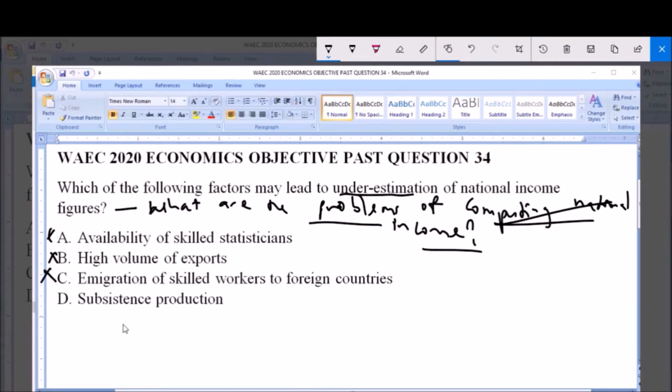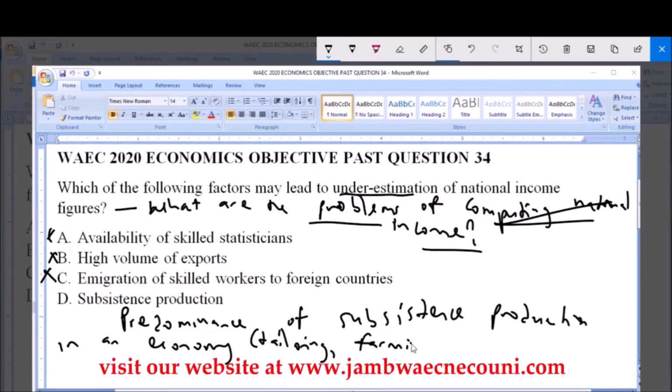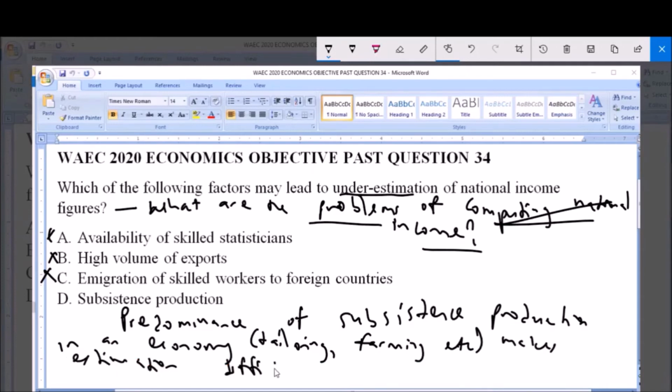Now, option D says subsistence production. Now, the predominance of subsistence production in an economy, such as tailoring, farming, etc., makes estimation difficult, and it is often underestimated.